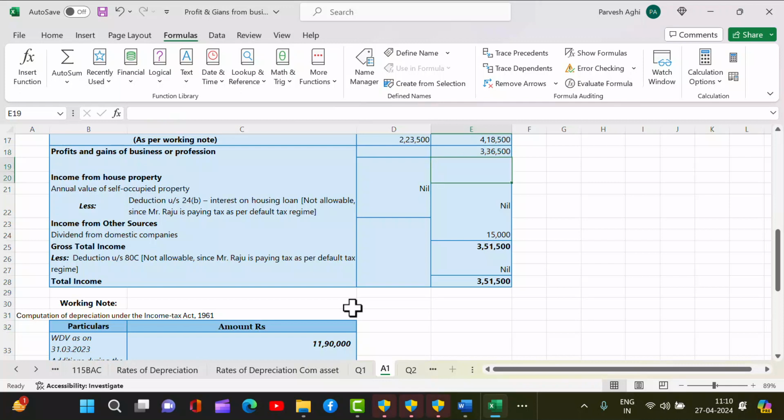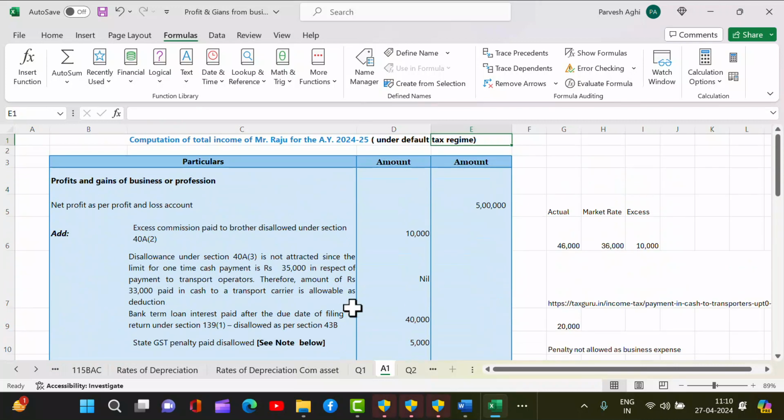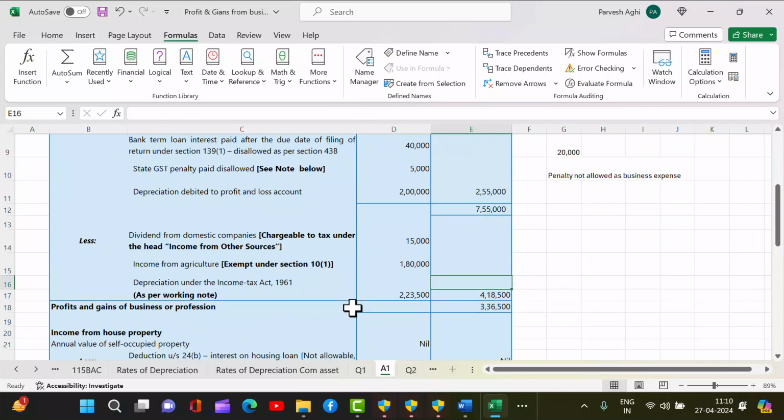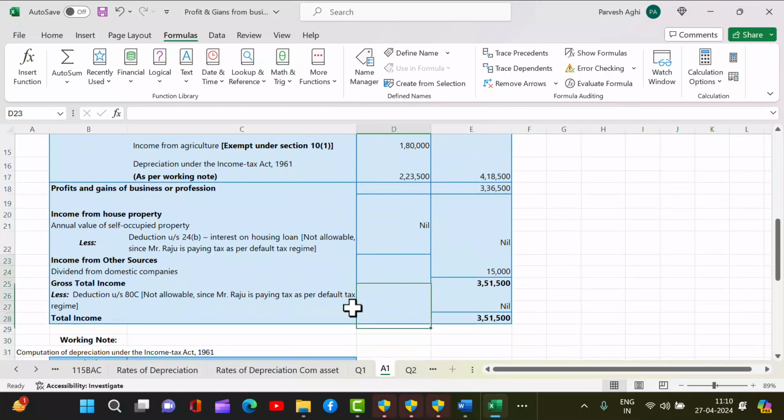Then income from house property, nil. Income from other sources, dividend from domestic companies. So he's going to pay tax on that. यहाँ से हमने कम कर दिया था, क्योंकि this is not a business profit. So it has to be shown under a separate head, which is income from other sources. So that's why we added. I hope you have followed this.